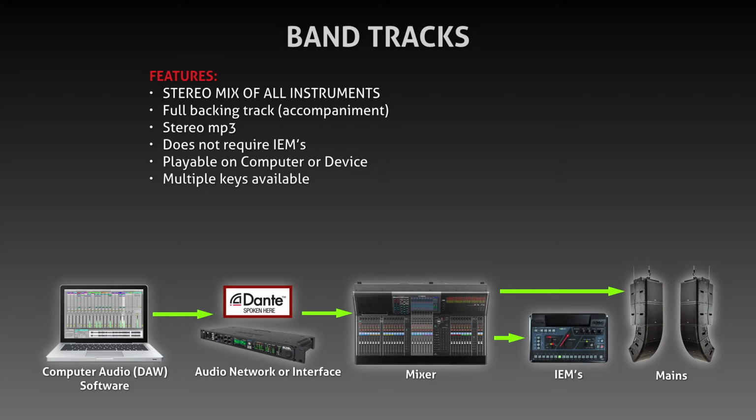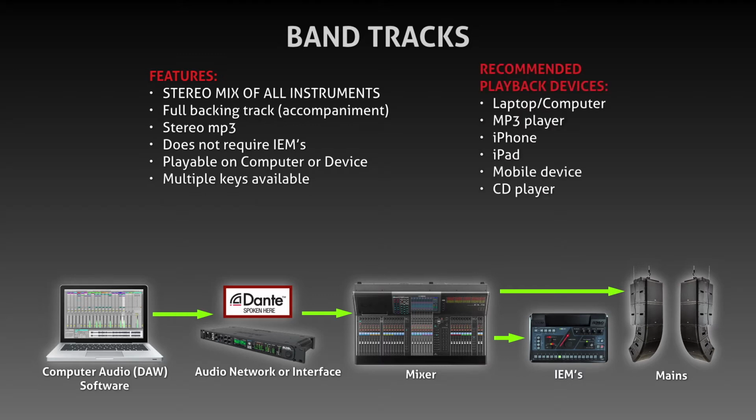It's playable on a computer or any type of MP3 device, and some of those playback devices I would recommend are your laptop or computer, your favorite MP3 player, much like your iPhone, iPad, any other mobile device that will play an MP3 file, or you could burn these eventually to a CD if you have that capability as well.